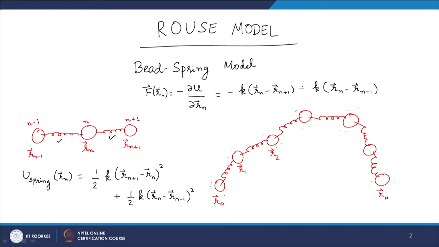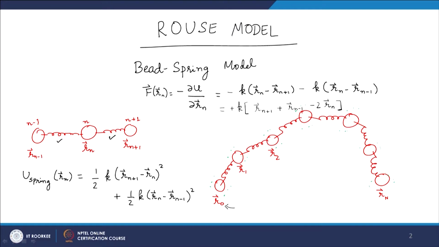So, now this becomes minus of k, and then we have actually plus of k, we have Rn plus 1 plus Rn minus 1 minus twice of Rn.